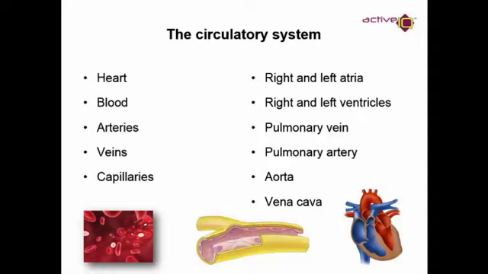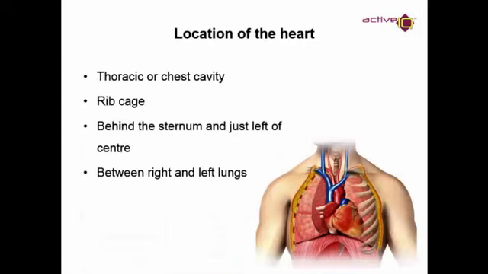Those 4 are really the major arteries and veins within the human body that we need to know the names of, and we need to know what they do and where they're going to be bringing blood to or collecting blood from, and what their job is inside the circulatory system.